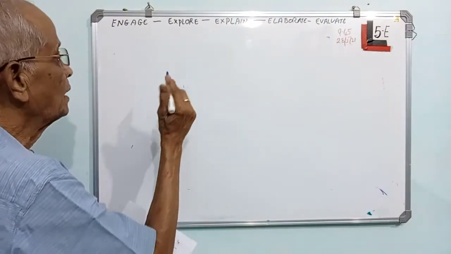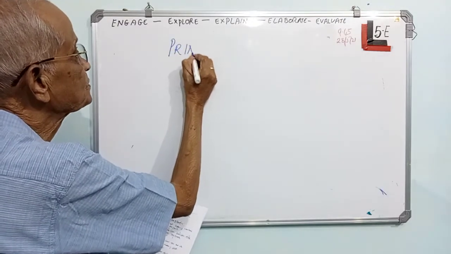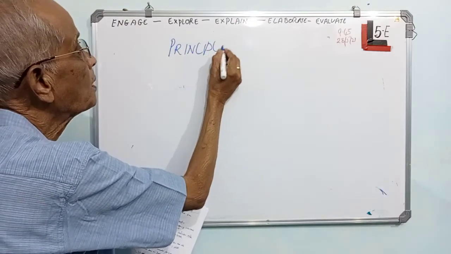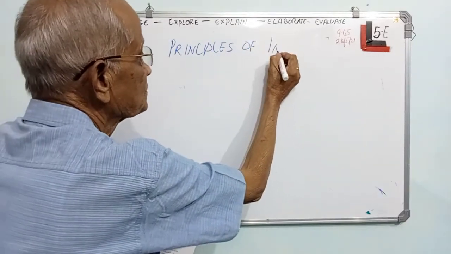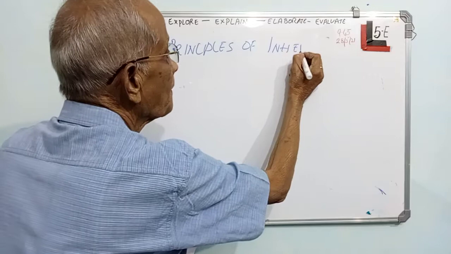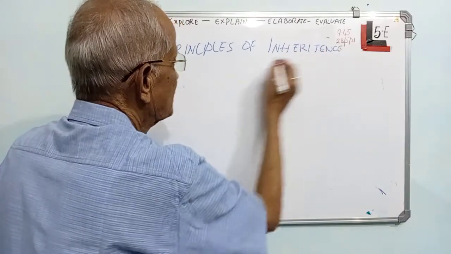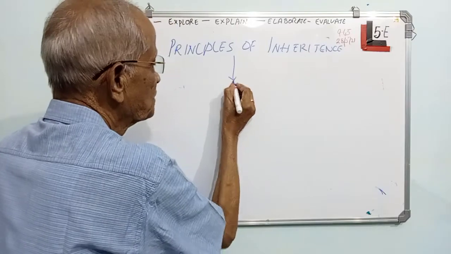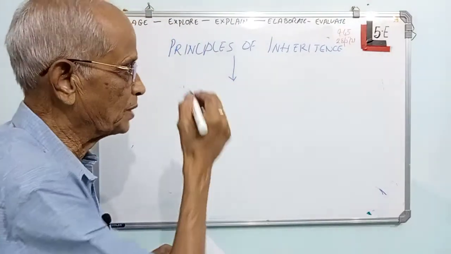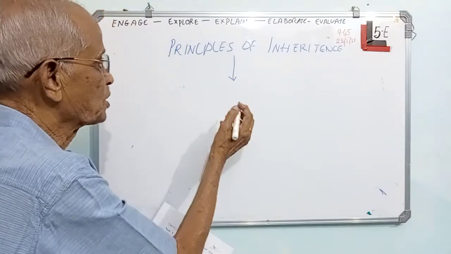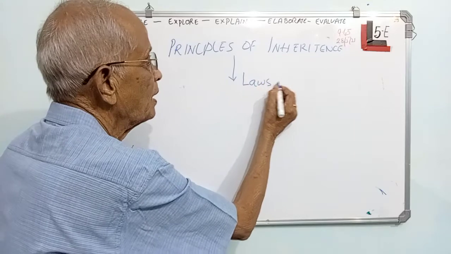Mendel called them principles of inheritance. That's what he called. But later on, due to a lot of research, repeated research, and every time it became true, therefore it became the laws of heredity.